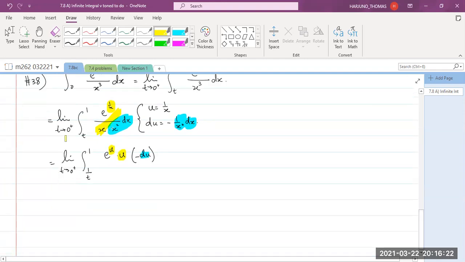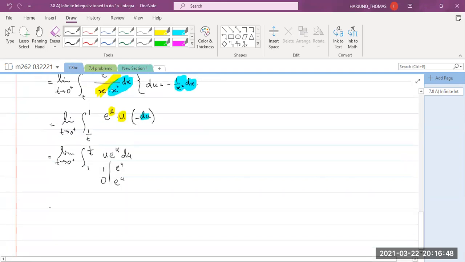Okay, then this is equal to the limit as t goes to 0 from the positive side of the integral from 1 to 1 over t. I sort the negative by reversing the order of integration, u e to the u du, integration by parts: 1, 0, e to the u, e to the u. So this is equal to the limit as t goes to 0 from the right-hand side of u e to the u minus e to the u from 1 to 1 over t.